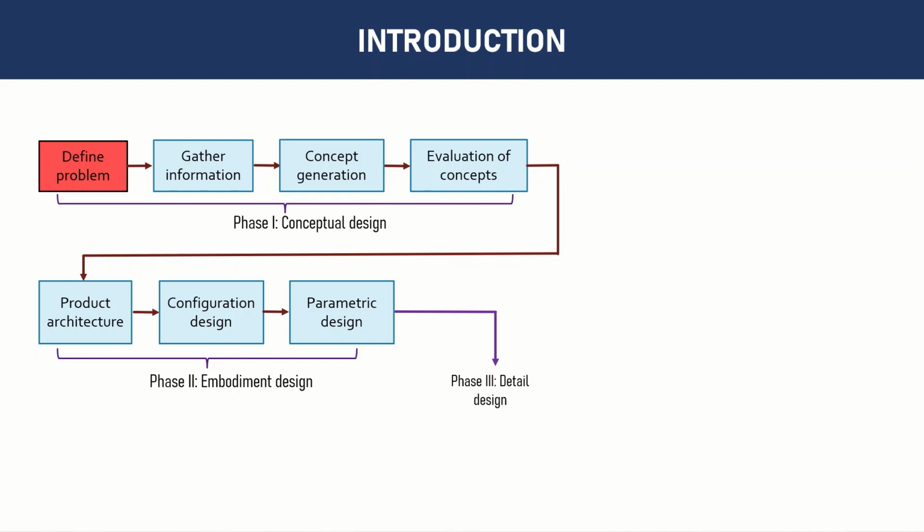In the product development process, it starts from planning until the manufacturing of the product, but the design process involves only three phases: conceptual design, which is phase one, embodiment design, and then detail design.